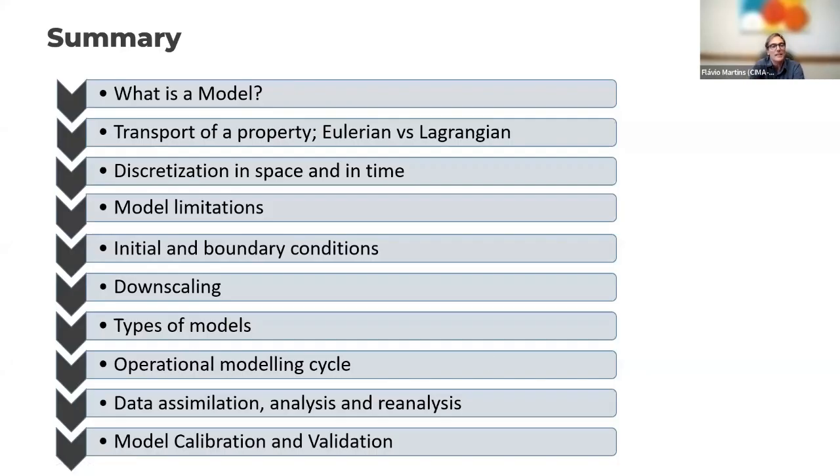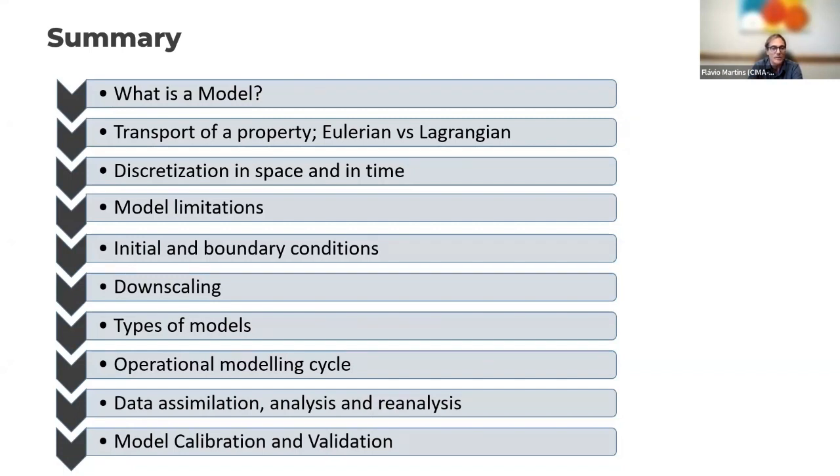Basically, we are discussing here today what is a model, what is transporting a property, why is that important in a model, and we have many ways of doing it, using an Eulerian perspective and a Lagrangian perspective, so we will see the differences between the two perspectives. Then we will talk a little bit about discretization. It's something that we need to do in order to create a model. There is discretization in space and discretization in time.